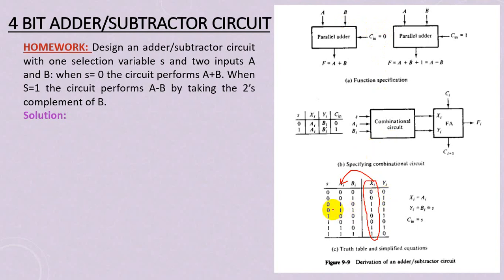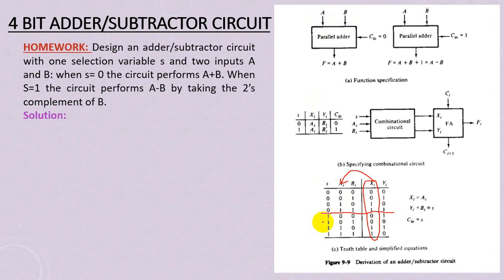Look at over here. When s equal to 0, we don't modify b. B equal to 0, 1, 0, 1. Y equal to 0, 1, 0, 1. No modification of y when s equal to 0, as it is.